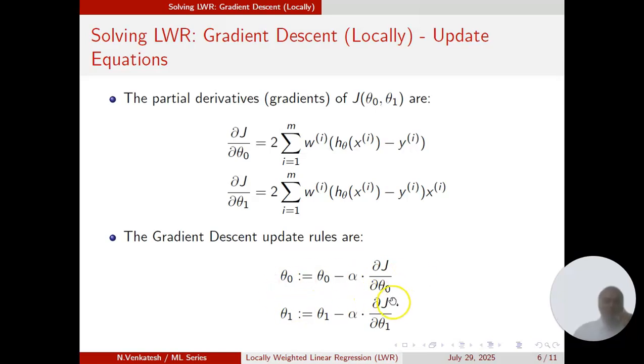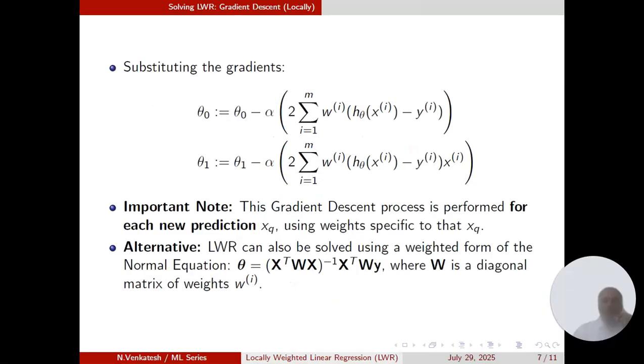If you see, dou j by dou theta naught, because it is x square, gives 2x. The theta naught coefficient is 1, so you will get 1, and the theta 1 coefficient is xi, so you will get xi here. Substituting the gradient, we will get this.